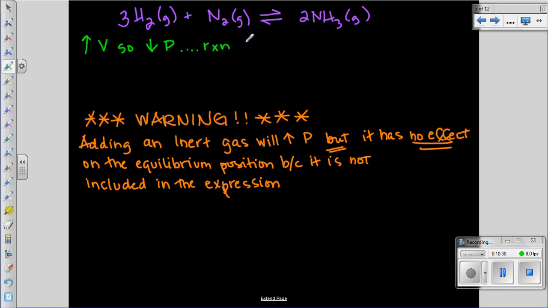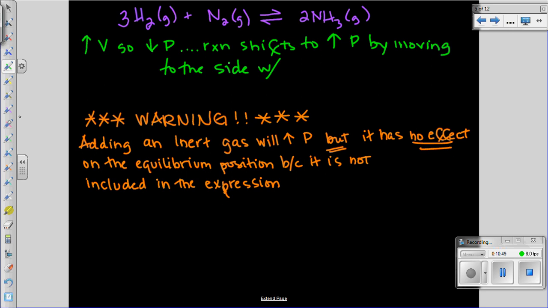So the reaction shifts to increase pressure by moving to the side with more moles of gas.